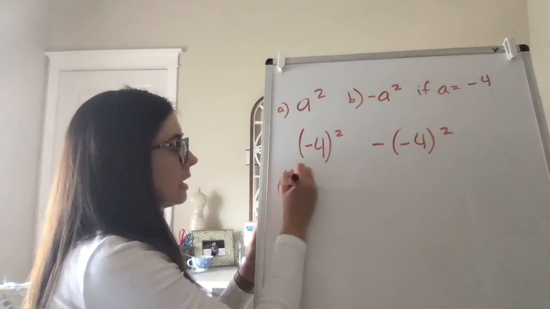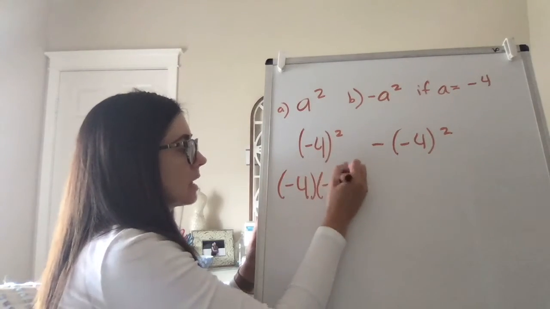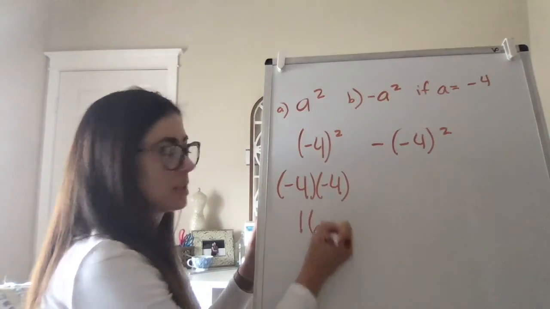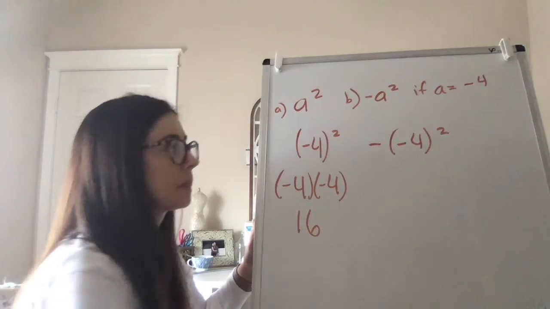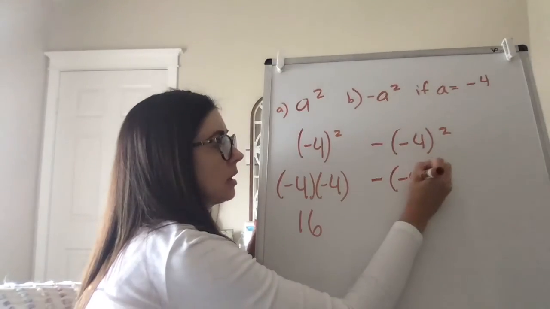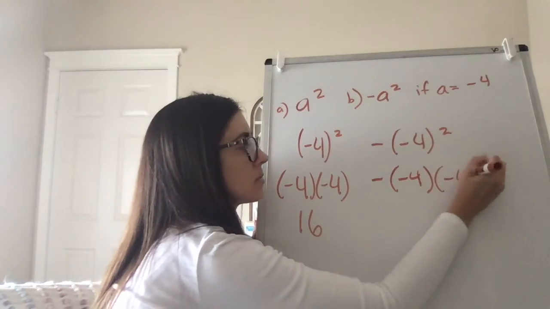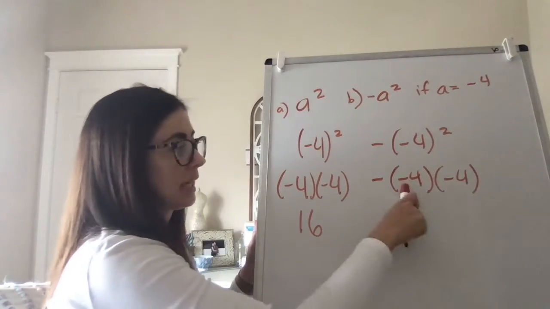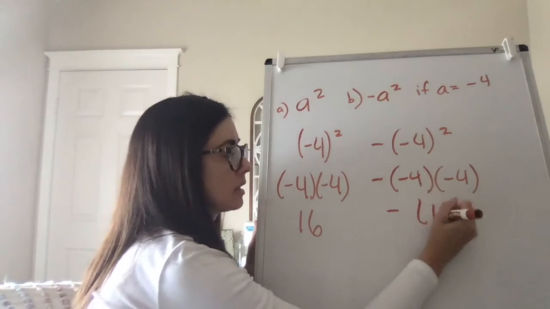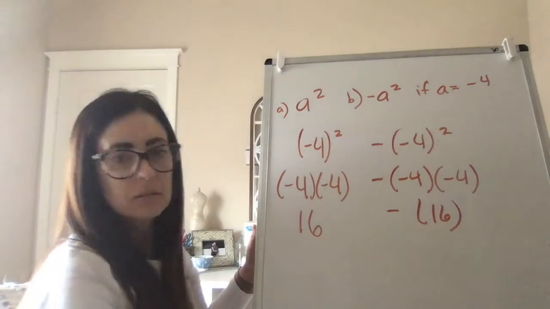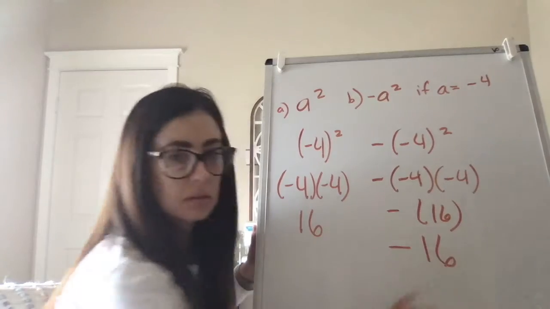This means negative 4 times negative 4, which is 16. Negative times negative is positive. 4 times 4 is 16. This means negative 4 times negative 4. Negative times a negative is positive. 4 times 4 is 16. So it looks like that, which just means negative 16.